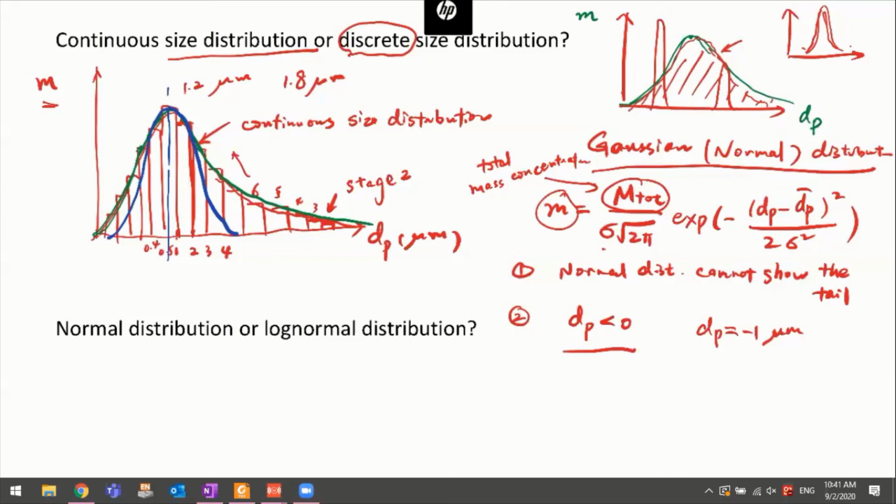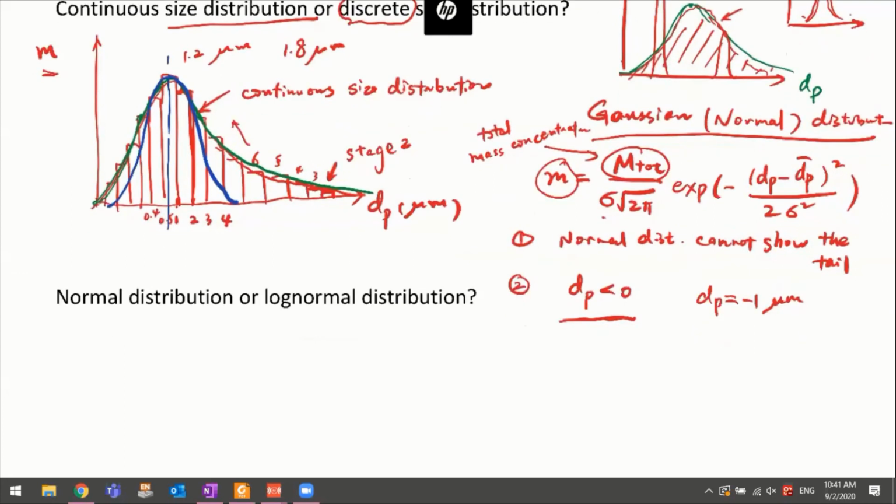And this is very problematic, right? Because the integral of this whole size distribution doesn't care whether the size is positive or negative. But it seems that by using this Gaussian distribution, it also accounts for particles with a negative diameter. This doesn't make any sense, okay?